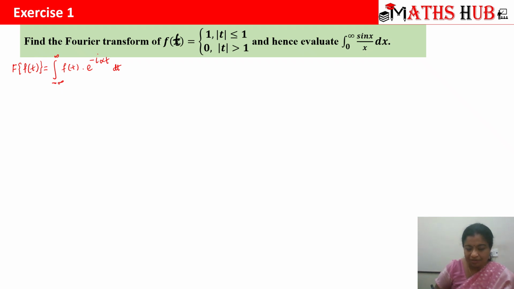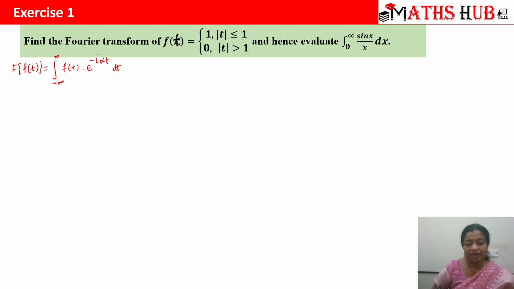So in certain books, they will take 1 by root 2 pi in both the formulas, and in books like Jain and Iyengar, they will calculate the Fourier transform using this formula. And when it comes to the inverse Fourier transform, they will introduce the factor 1 by 2 pi. So in total, the factor is 1 by 2 pi. Either it is distributed as 1 by under root 2 pi in both the formulas, or it is taken in one formula.